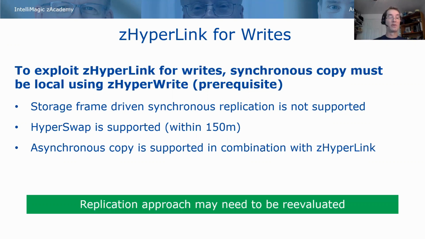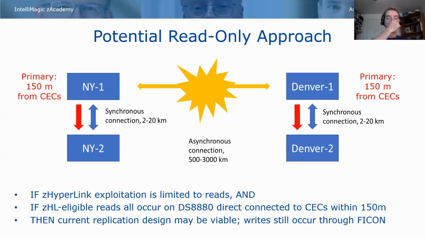However, again, don't forget that distance. You can't just enable zHyperWrite across the miles. They do need to be within 150 meters. They've got to be on the same floor, essentially. So the point being here, your replication approach, if you want to look at this technology, might need to be reevaluated. Just briefly, I mentioned a possible read-only approach.